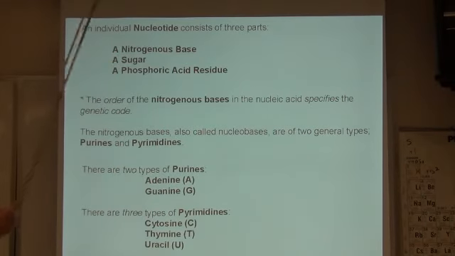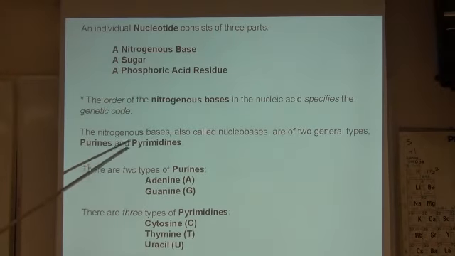First of all, we have a nitrogenous base. We'll see what those are. Those are purines and pyrimidines. We have a sugar, which, as it turns out, is a ribose unit. And lastly, we have a phosphoric acid residue. These three components are necessary to form the monomeric unit of DNA and RNA.